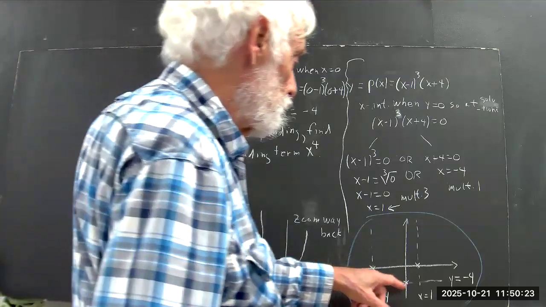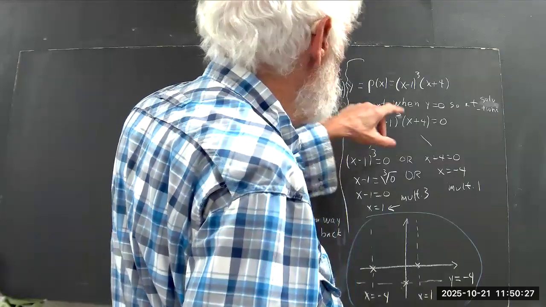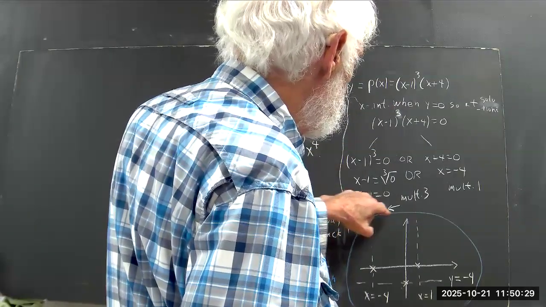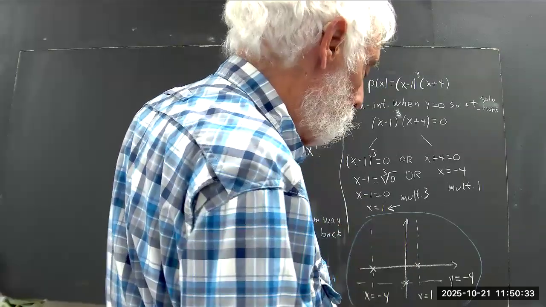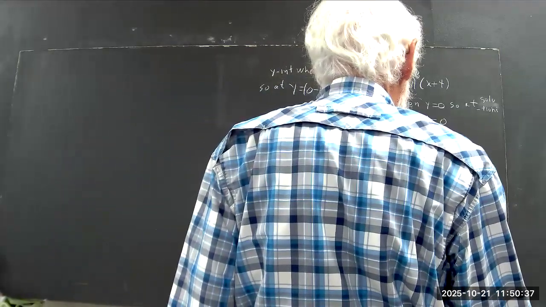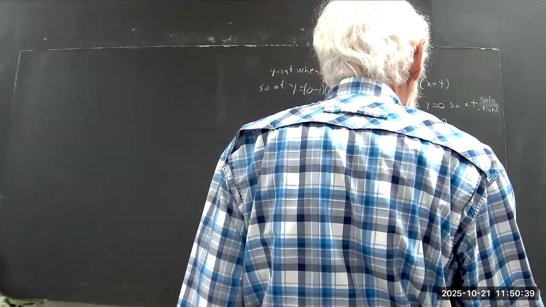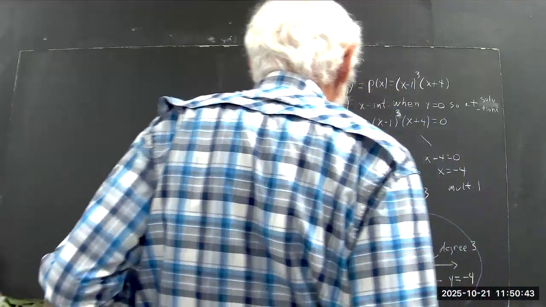We see x-intercepts here and here, and a y-intercept here. We have a 0 of degree 3 at this point. Okay, so this is going to be of degree 3.